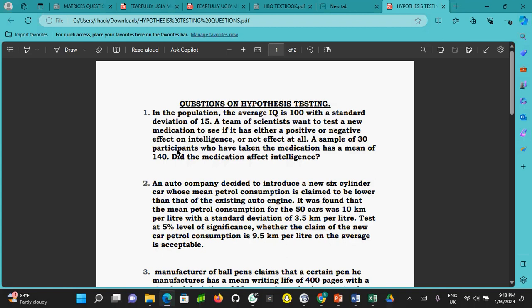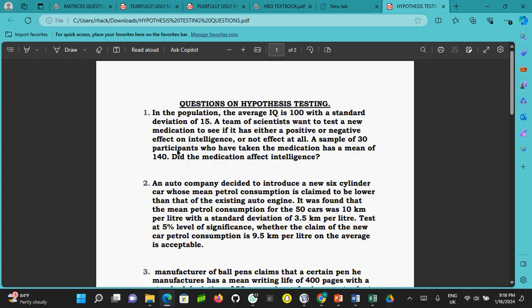A sample of 30 participants who have taken the medication has a mean of 140. Did the medication affect the intelligence?